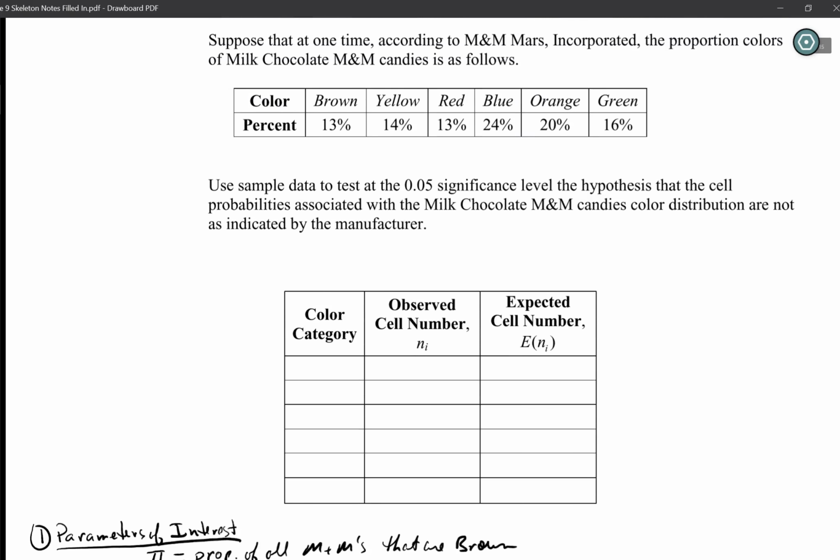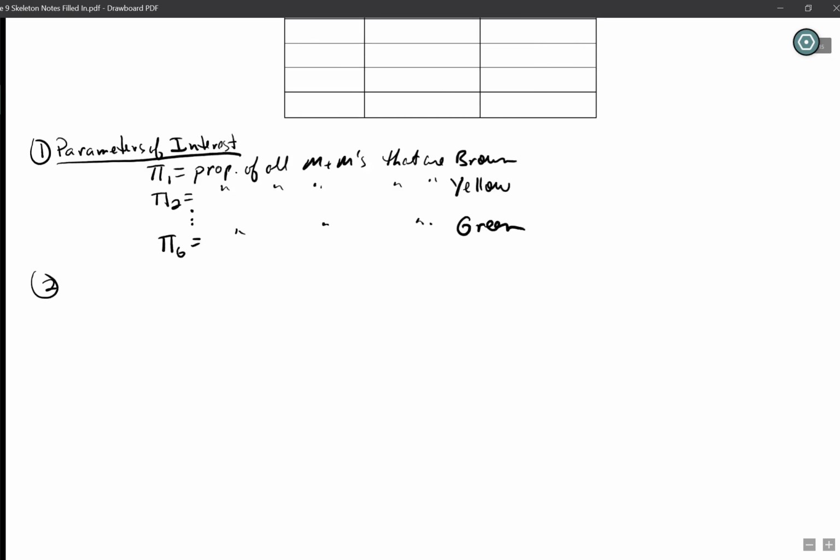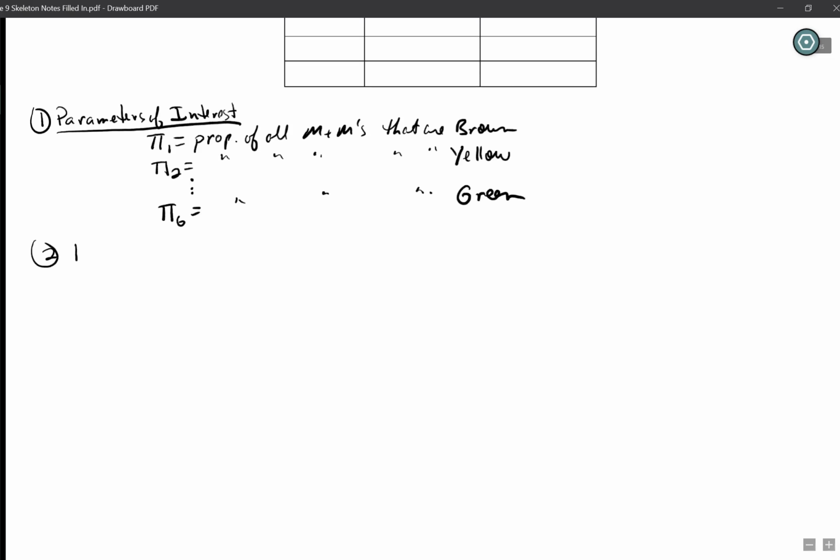These are the hypothesized values of those population proportions. If we're solving this problem here in step 2, the hypotheses would be as follows: H0 and of course HA.